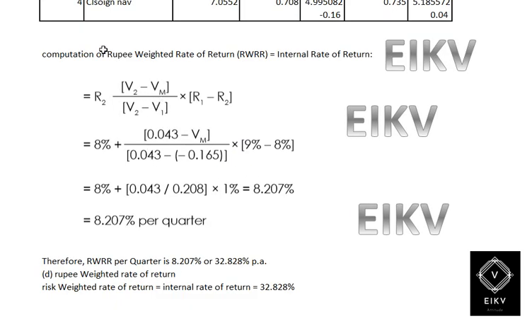Substituting such values in the formula, it would be R1 plus V1 divided by V1 minus V2 into R2 minus R1, which will be 8 plus 0.165 divided by 0.165 minus the whole negative 0.043, into 9 minus 8 percentage, which will be 8.207 per quarter.